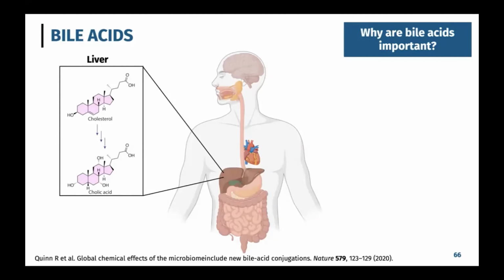Bile acids are made from cholesterol, largely dietary cholesterol. Cholesterol gets converted to cholic acid or chenodeoxycholic acid in the liver. Then they're conjugated, or really amidated, with taurine and glycine, and then stored in the gallbladder.